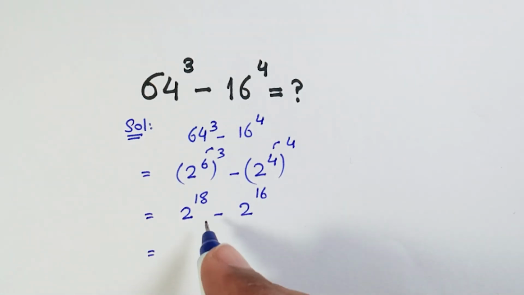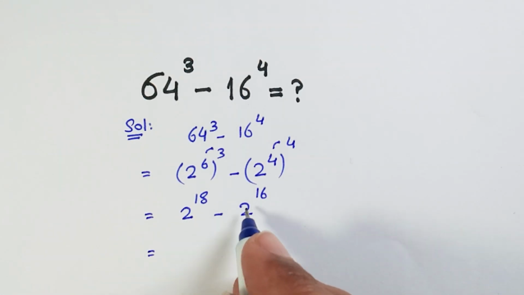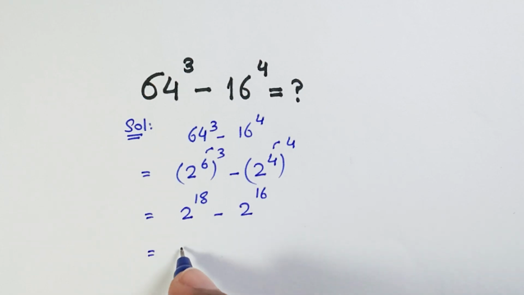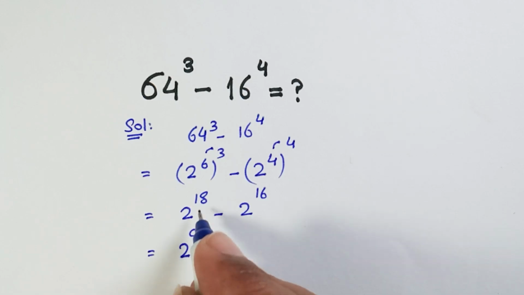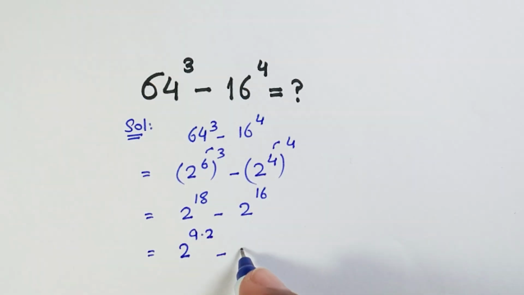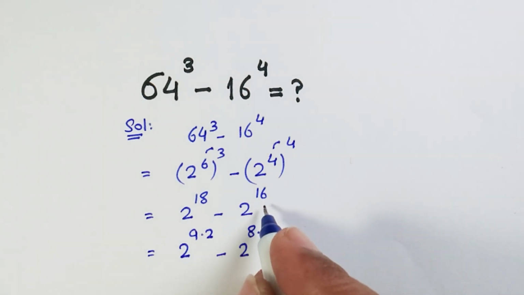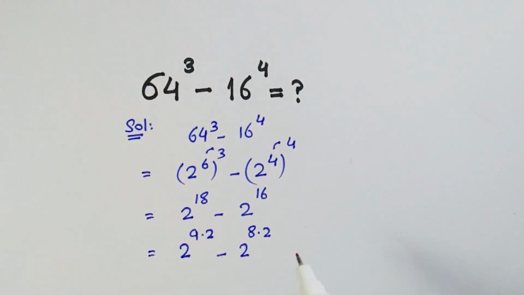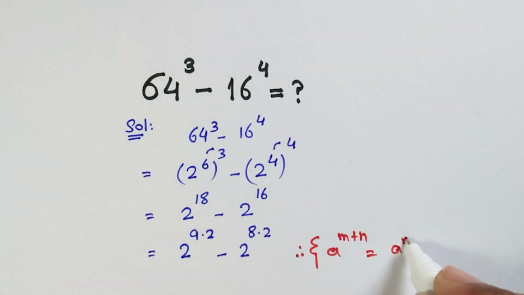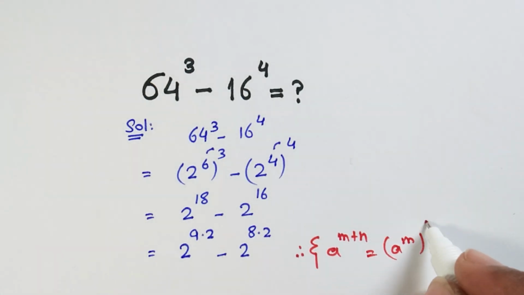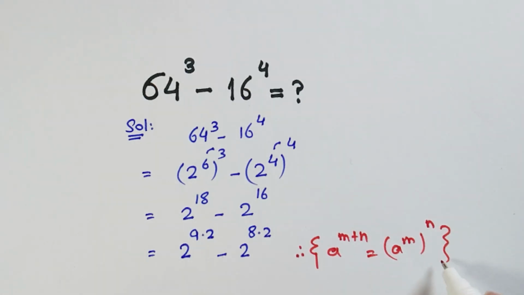So now here we will simplify their powers, like 2 to the power 9 times 2, which is 18, minus 2 to the power 8 times 2, which is 16. So this part of the equation is in the form of a to the power m times n is equal to a to the power m, to the power n.